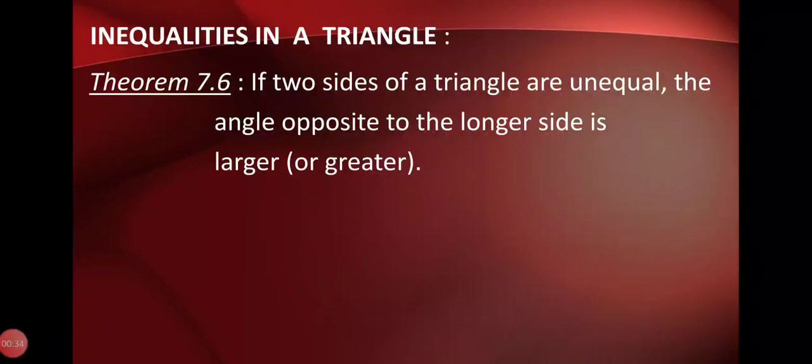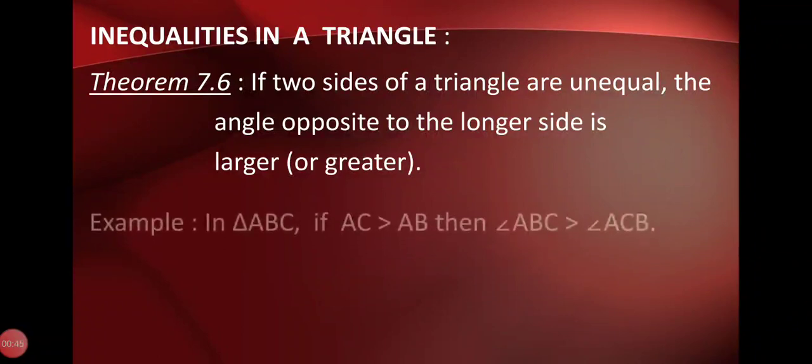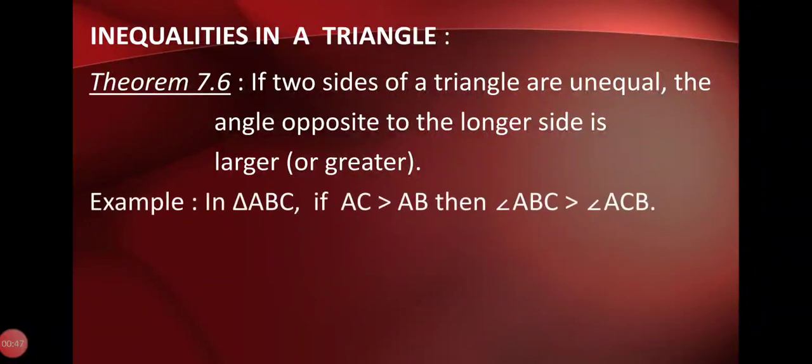which states that if two sides of a triangle are unequal, the angle opposite to the longer side is larger or greater. For example, in triangle ABC, if AC is greater than AB, then angle ABC is greater than angle ACB.